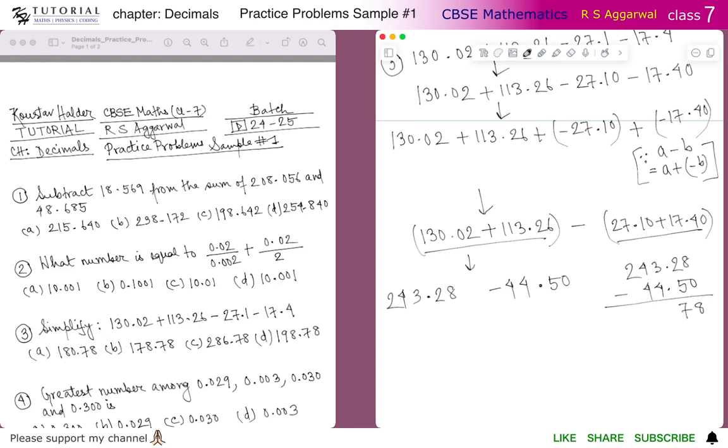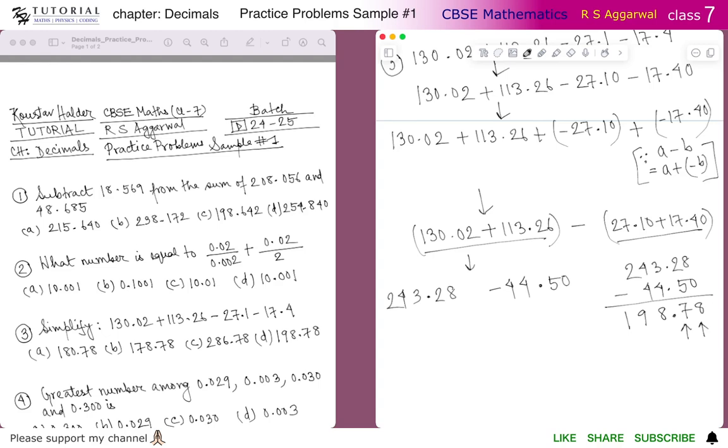The decimal places of the two decimal numbers is 2, so 2 digits from the right.